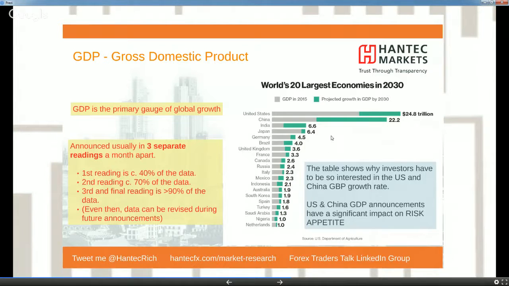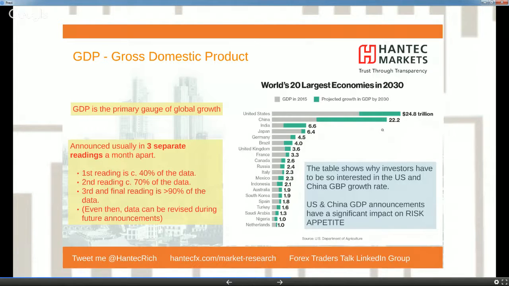It is significantly showing that this is the reason why the market takes such a huge interest in not only the US but also China. So China GDP going from around about half the US GDP catches up very quickly, and I haven't done the calculations, but you'd imagine by 2035, 2040 that China probably would have overtaken the US in terms of the largest economy in the world.